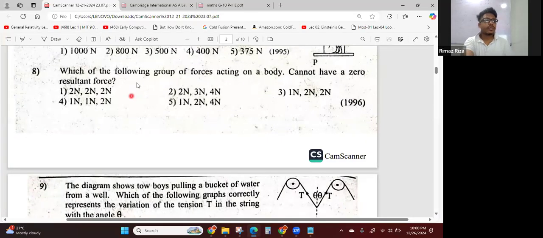Which of the following groups of forces acting on a body cannot have a zero resultant force? So this is very similar to what we discussed earlier. You can see this if you do past papers.